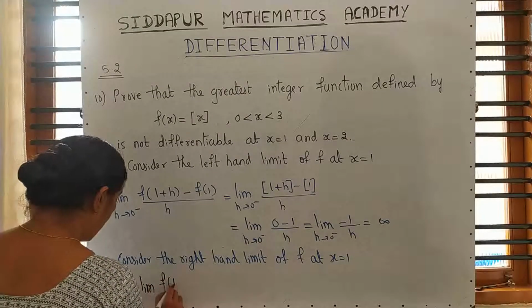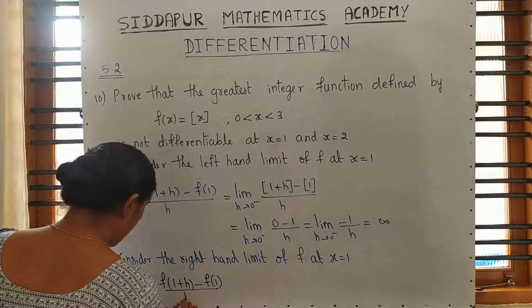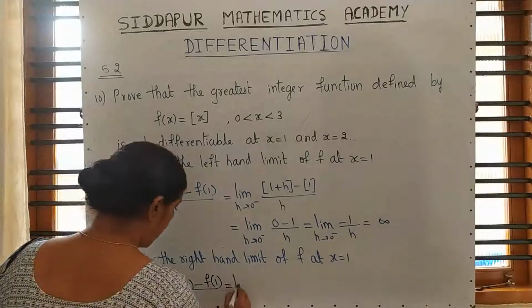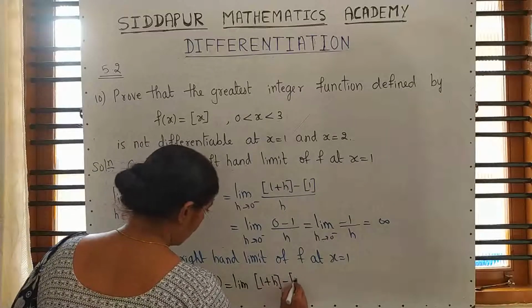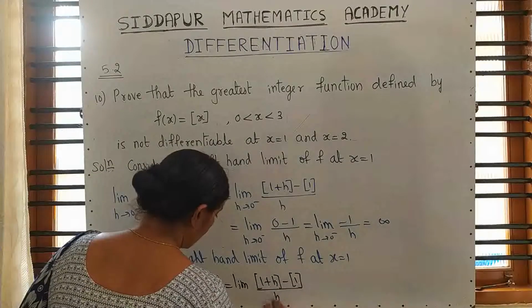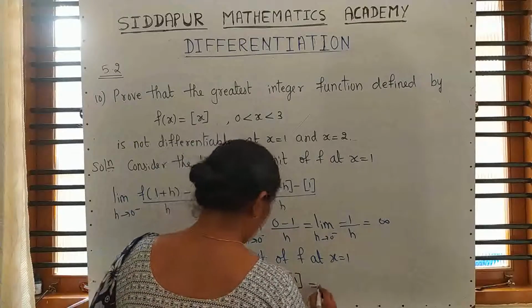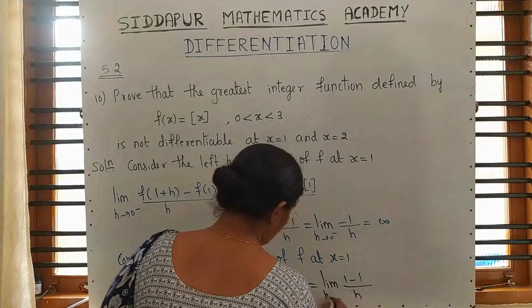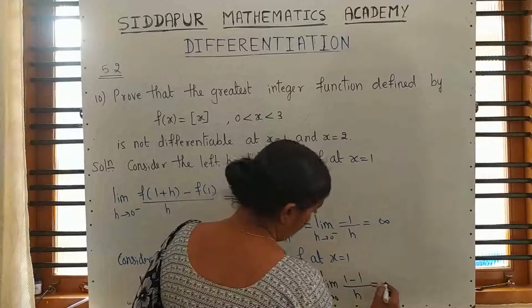Limit f of 1 plus h minus f of 1 divided by h as h tends to 0 plus is equal to, and what about this value? From right side, the greatest integer value is 1. 1 minus 1 it is 0. 0 upon anything is 0.